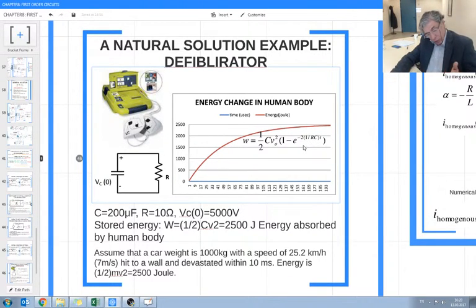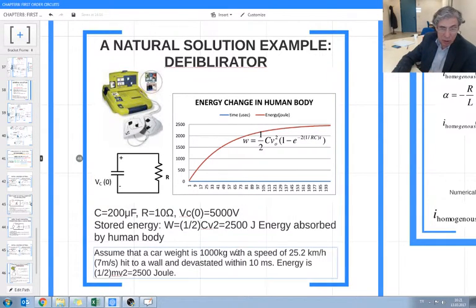So, in a short time, energy transfer cannot be done by a human, but it can be done with a machine like that. Why is the natural solution important? Because that machine is the natural solution of this circuit. So we found this circuit solution, which is the natural solution. That's why it is important.